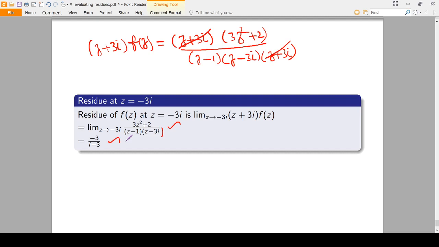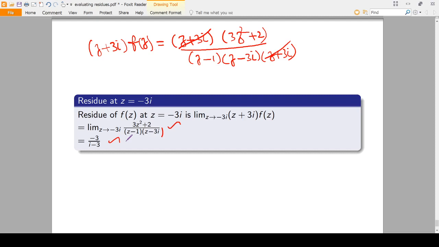If it is a pole of order m, then residue of f of z at z is equal to a will be 1 by factorial m minus 1, d power m minus 1 by dz power m minus 1 of z minus a whole power m into f of z.